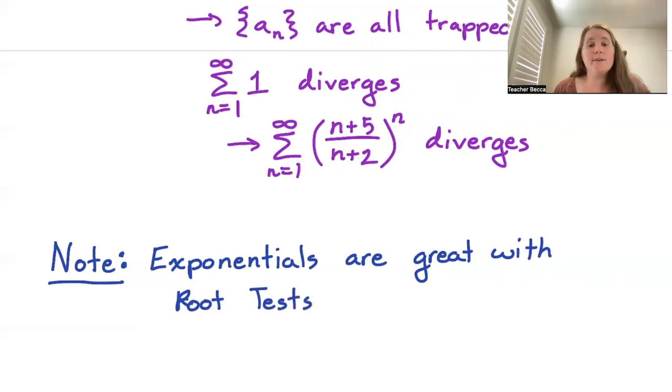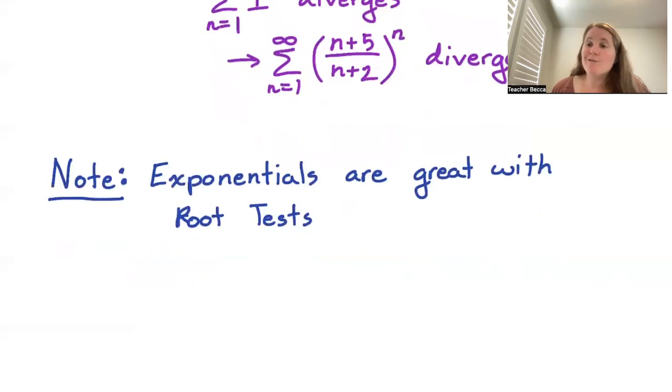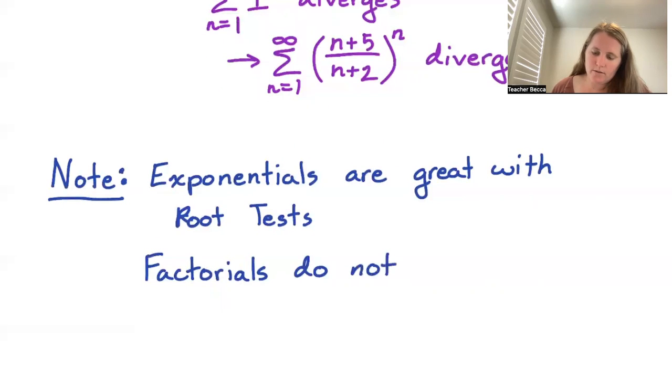As we just saw here, the exponential can just essentially be canceled out. Factorials are much more annoying. So factorials do not work very well with root tests.